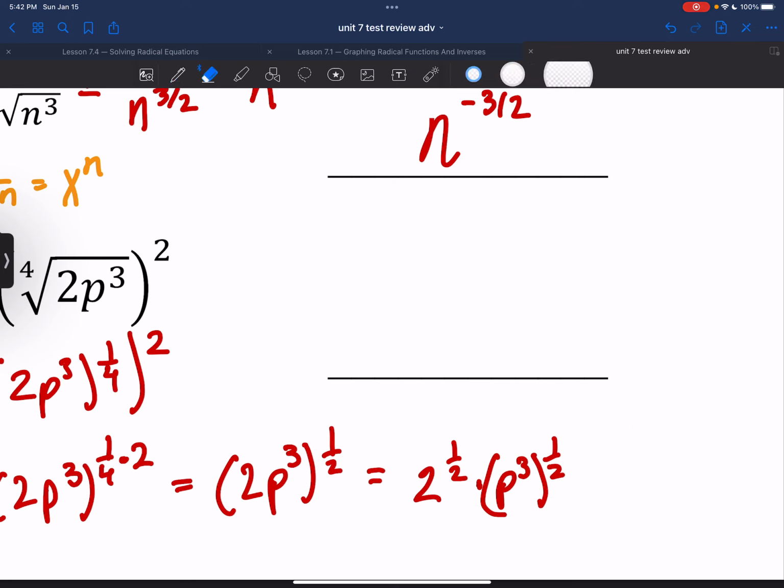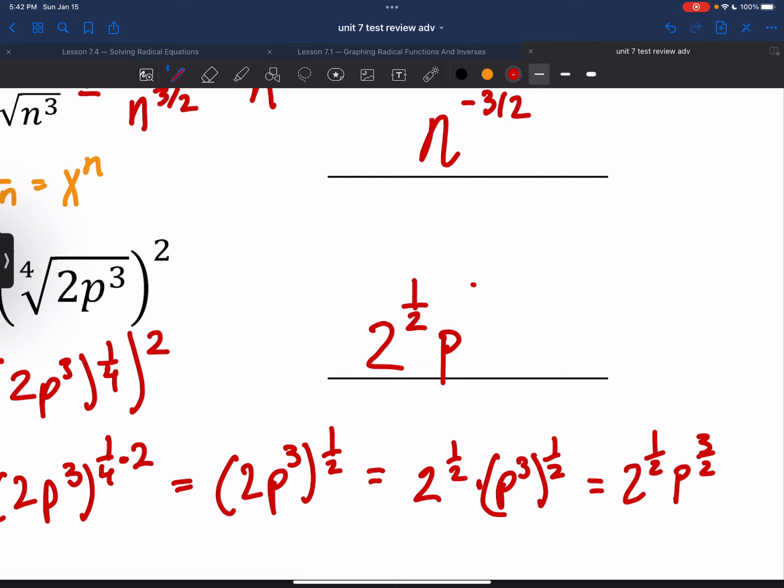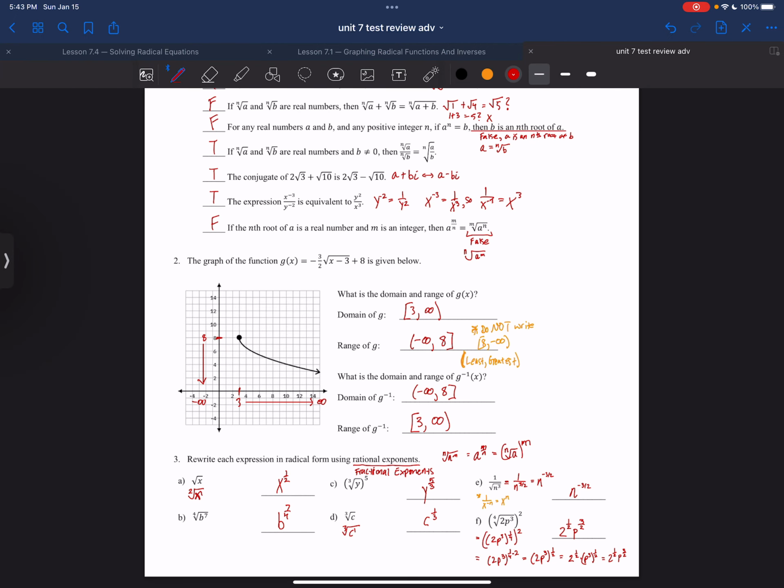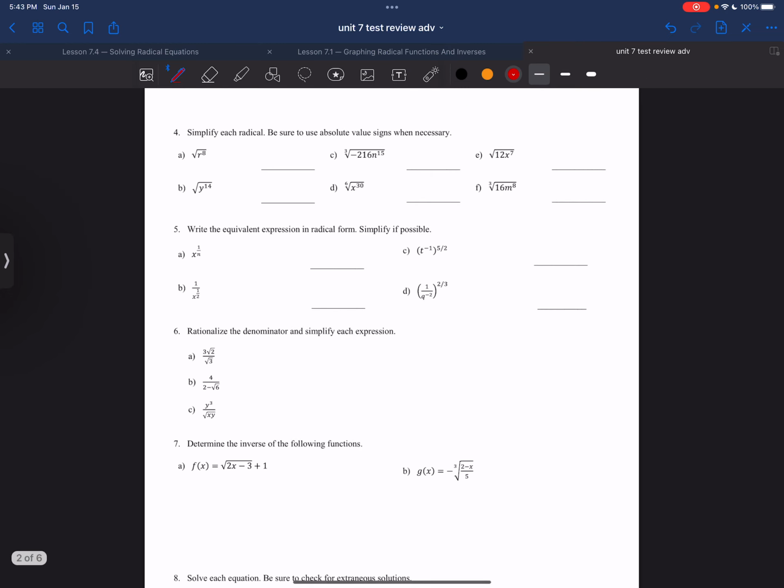I've applied the power to both terms. And now I've got 2 to the half p to the 3/2. So if I only used fractional exponents, this would be 2 to the 1/2 p to the 3/2. Yes, if I'm only using fractional exponents. You have to be careful there, because it's not 2p quantity cubed. Okay? All right. That one was a little tricky. Hopefully you got that. Let's move on.